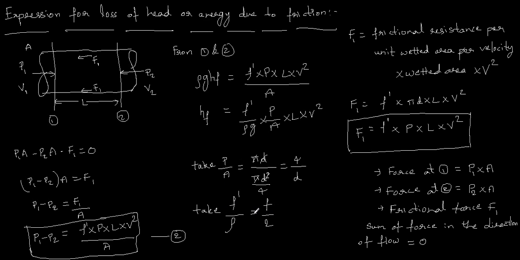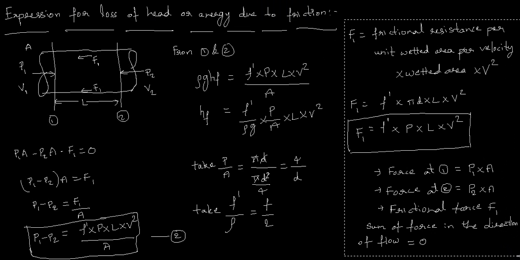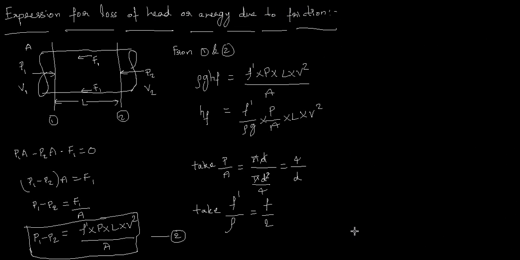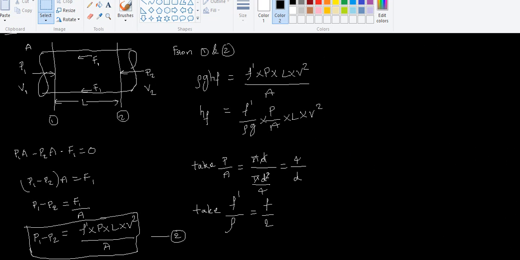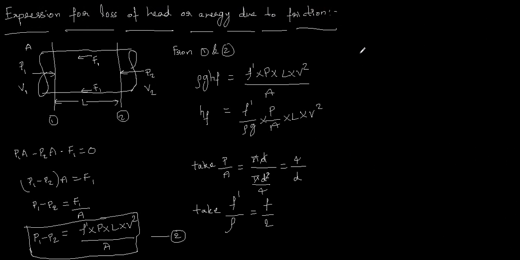So I want to substitute this in hf, and further I'm going to erase this one totally. If you want to note down, please stop the video from the start and try to note down whatever I'm explaining here. So I want to substitute these two in this equation again.